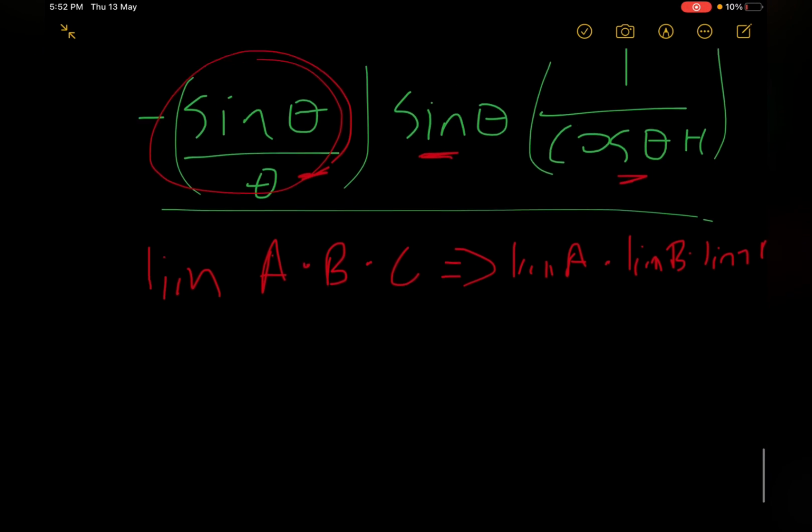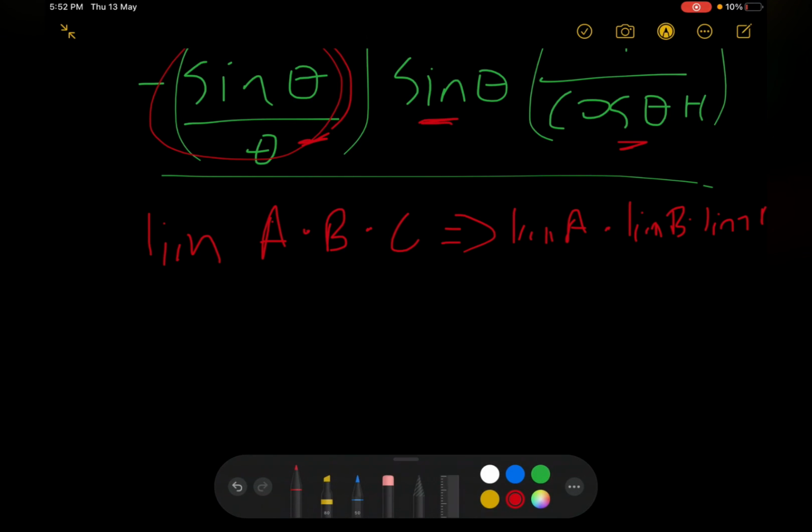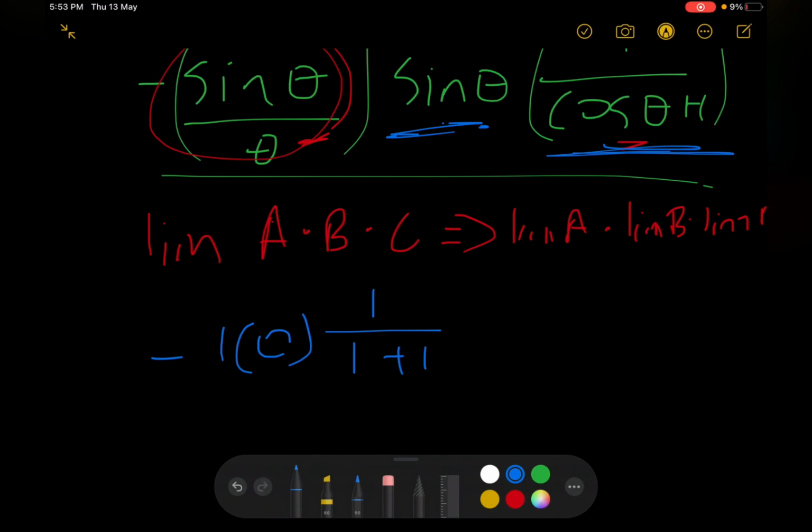So let's put that down first in blue. So -1, the limit of sine theta as theta approaches 0 is 0, as we already know. So let's put that 0 here. And for the final function, the limit of that function would be 1 over 1 plus 1, which is equal to 1. But since 0 is in the multiplication, it automatically equals 0.